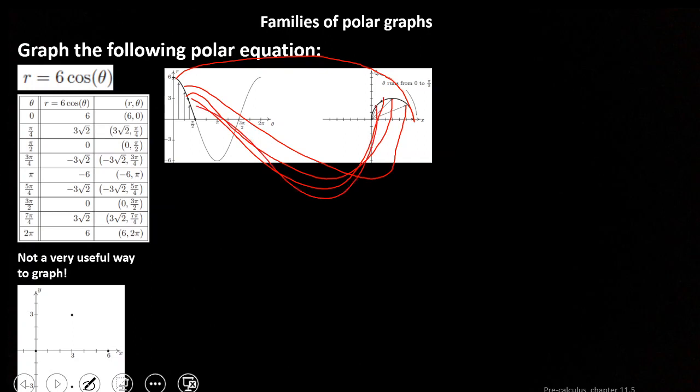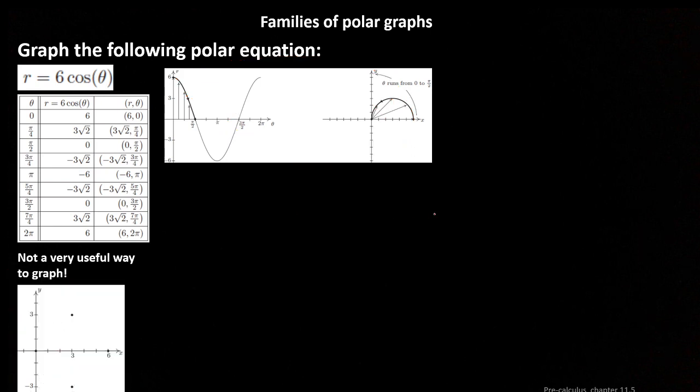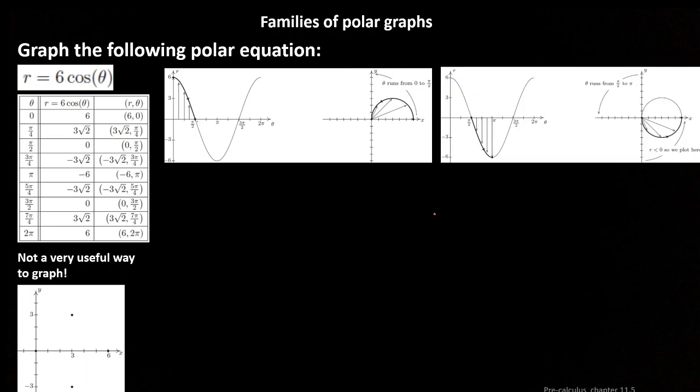And if you go through one complete cycle of theta here, 0 to 2 pi, you end up with the complete graph of 6 cosine theta in polar.